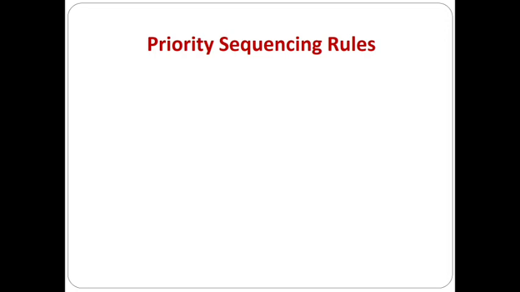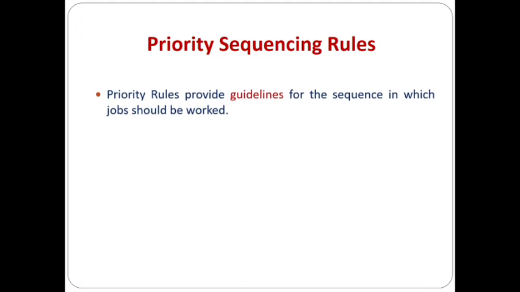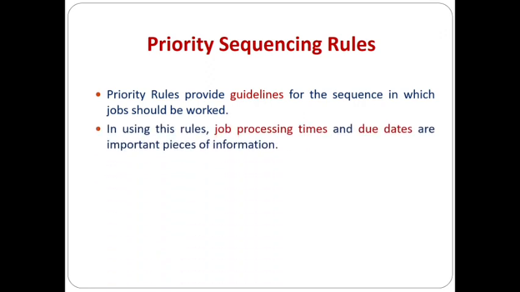And we are going to solve this problem by using priority sequencing rules, which provides guidelines for the sequence in which jobs should be worked or processed. While using these rules, job processing times and due dates are the important pieces of information what we need.